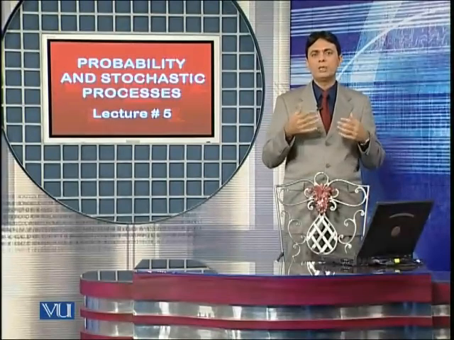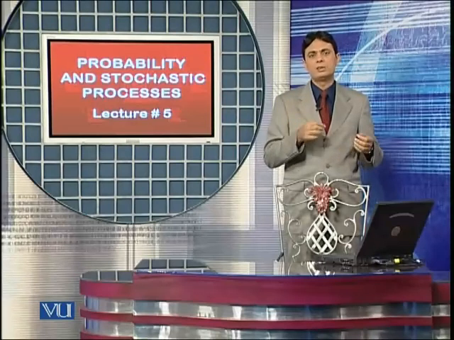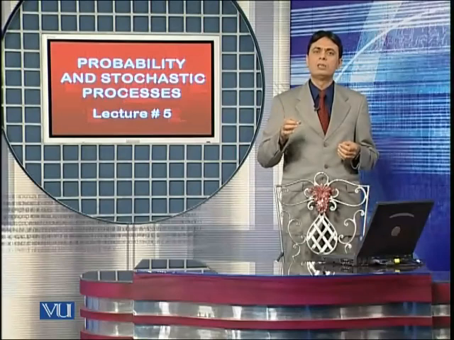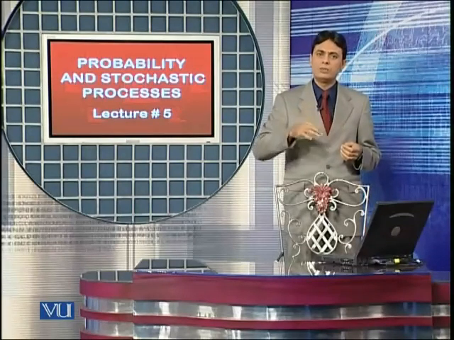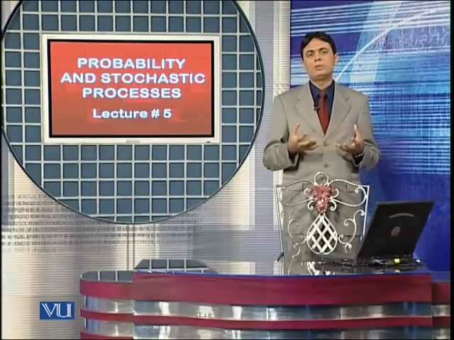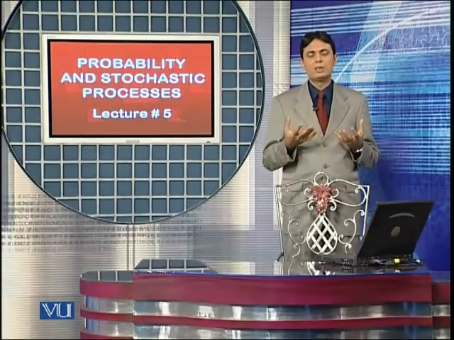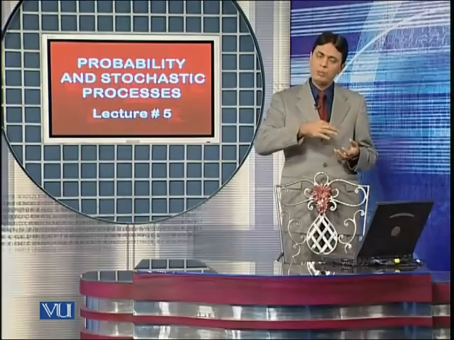So if you are performing a multi-part experiment, then a particular event can occur through different sequences of events, where different sequences mean different outcomes in different parts of the experiment. In that case, if you want to find the probability of a given event, then it is the sum of probabilities of all the paths leading to that event.